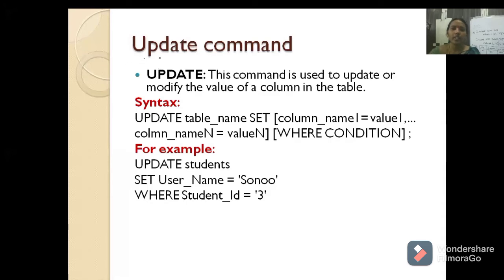The next command is the update command. So what is meant by update? Whatever data is already there, if you want to modify that data, we call that update. Now, for example, when you registered your name in the college, you gave your father's number, mobile number, or your mother's mobile number, or your sisters' or brothers'.